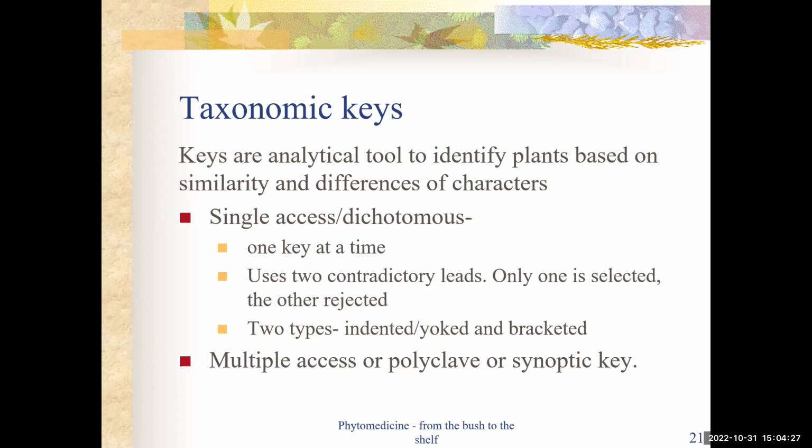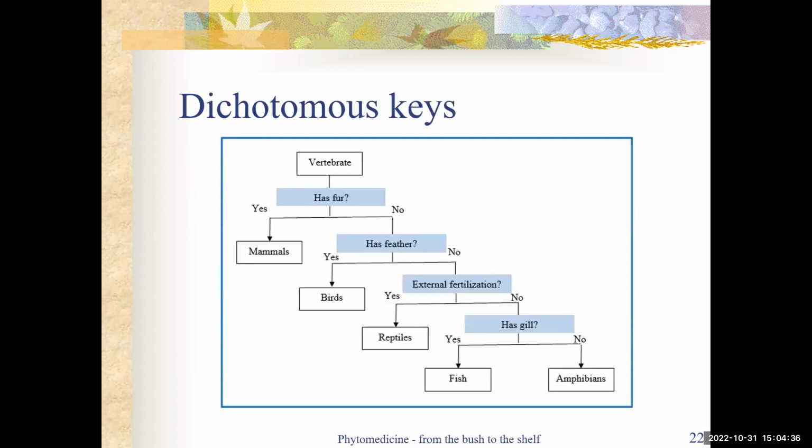But the first one is usually quite simple to use and is very commonly used. So this is an example of a dichotomous key. And you see what it does. It leads you with questions where you have to say yes or no, okay? They're usually contrasting, so you can only say yes or no and you move on. So for example, vertebrate, does it have fur?